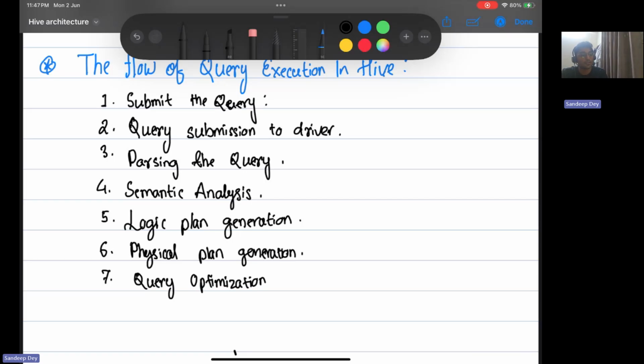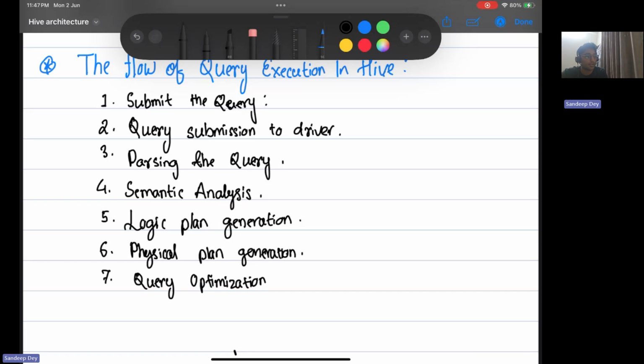Next, join reordering: changing the order of joins to minimize data shuffling. Column pruning: removing unnecessary columns from the processing pipeline. So these three are essential steps in query optimization: predicate pushdown, join reordering, and column pruning.